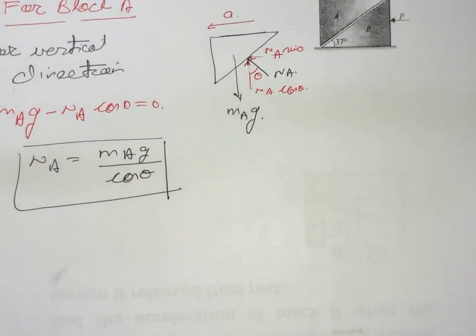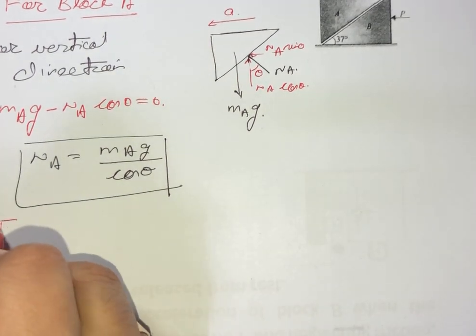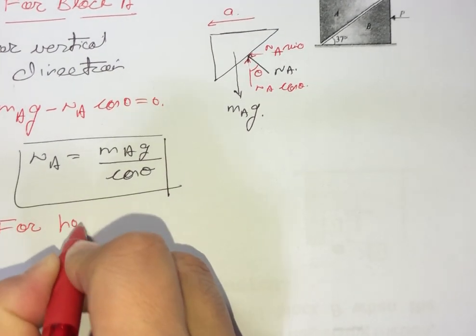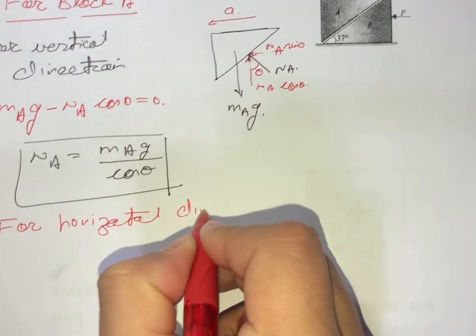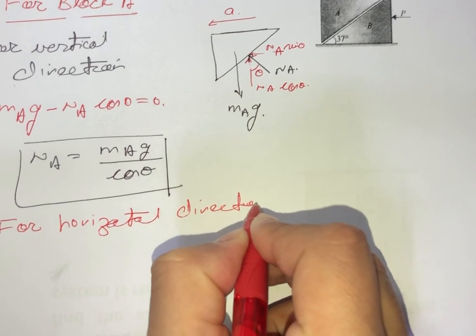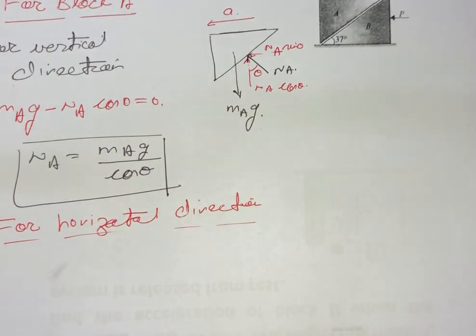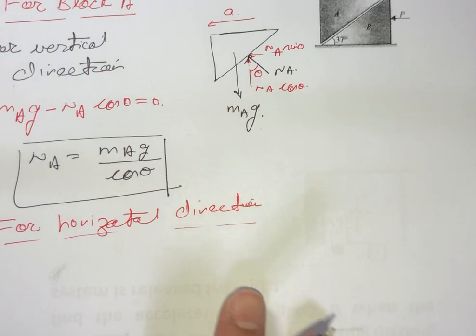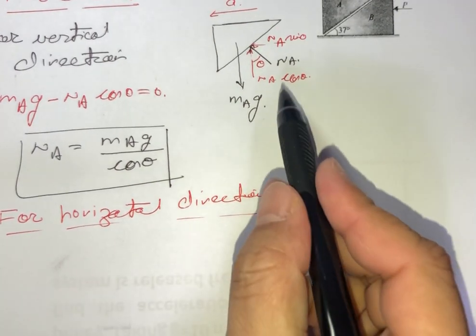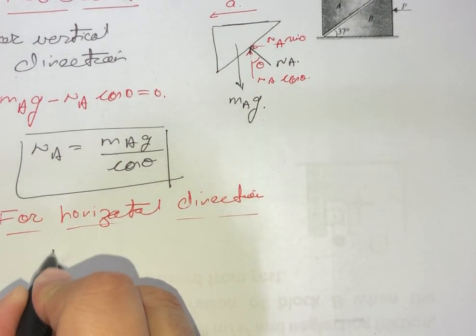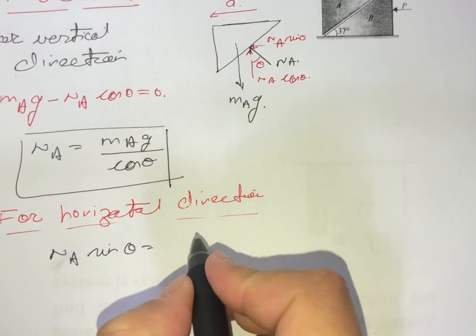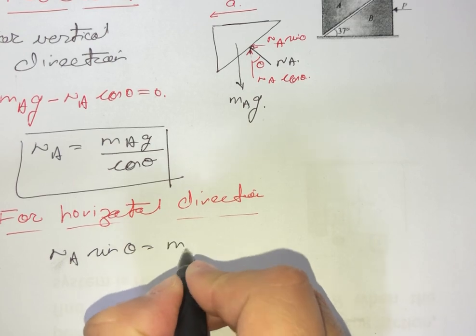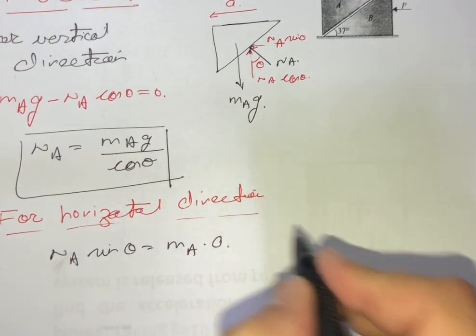Now let us write the equation for the horizontal direction. We are going to get NA sine theta is equal to MA, its acceleration.